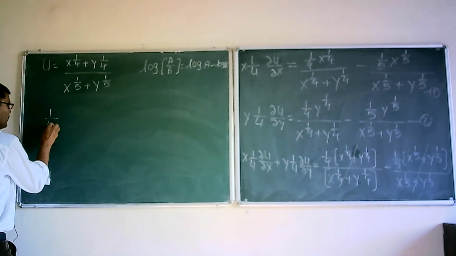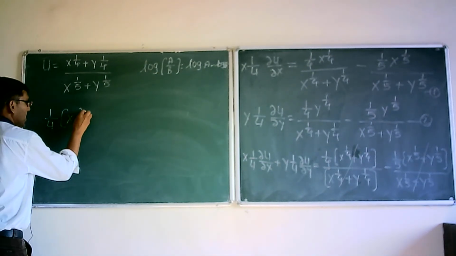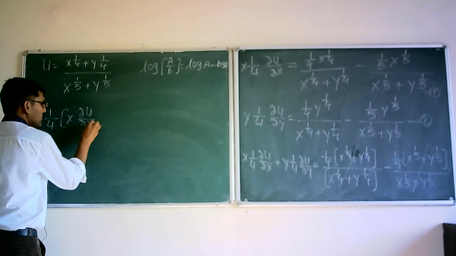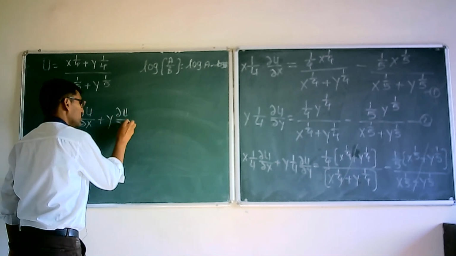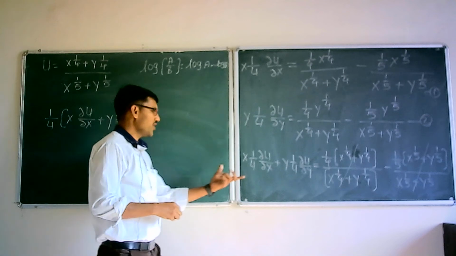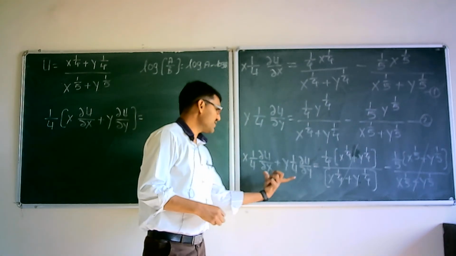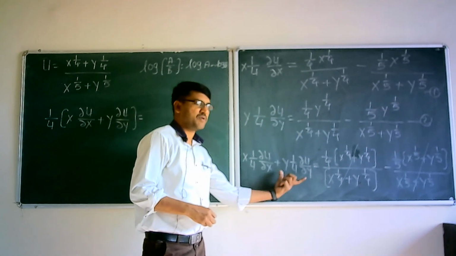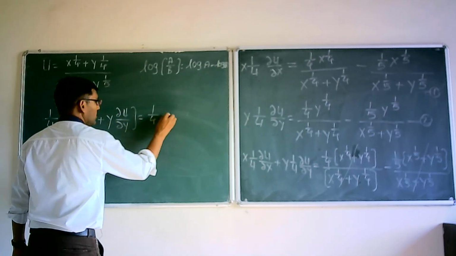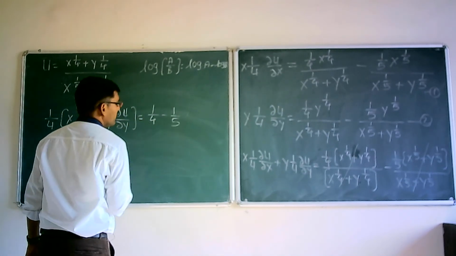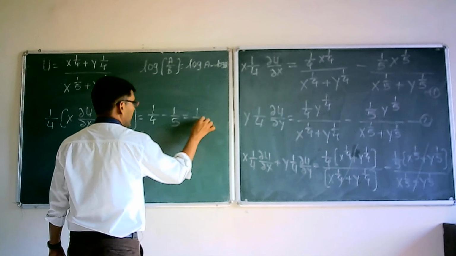1 upon u you can take outside, x del u by del x plus y del u by del y is equal to, if you take 1 upon u outside, what is left inside the bracket? It is 1 upon 4 minus 1 upon 5, which is equal to 1 upon 20.